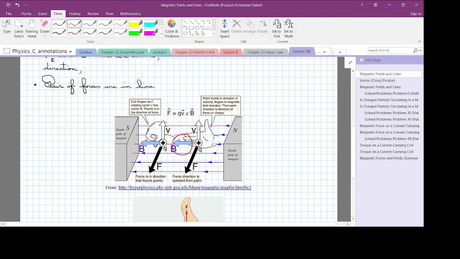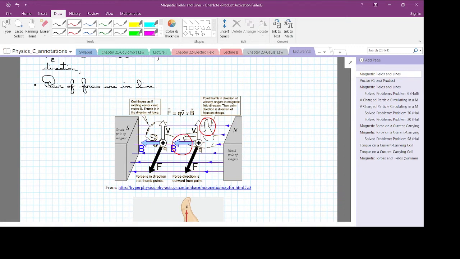You point your thumb in the direction of the motion of the charged particle, and the palm of your hand is going to point in the direction of the force generated by the magnetic field interacting with the motion of the charged particle.